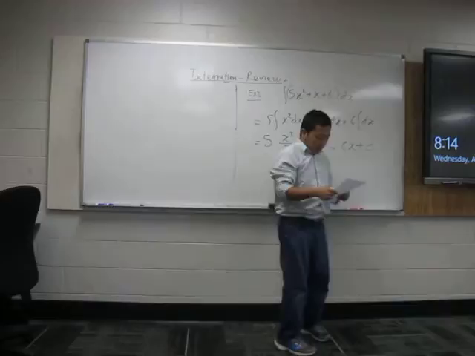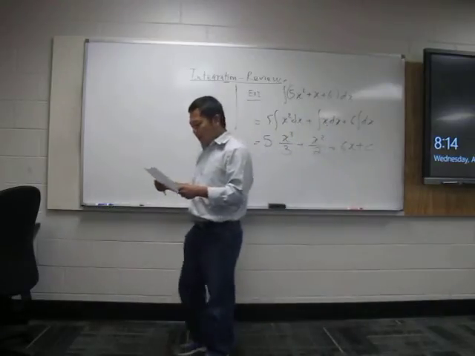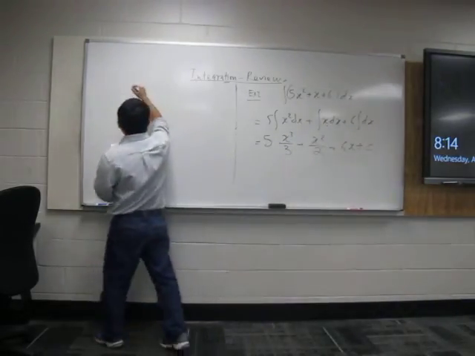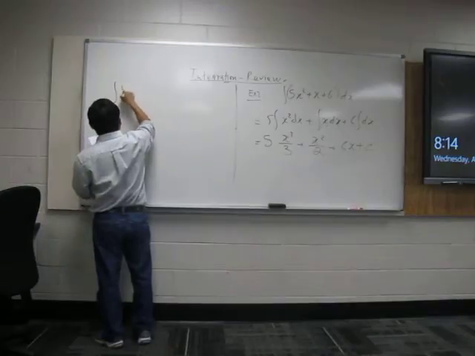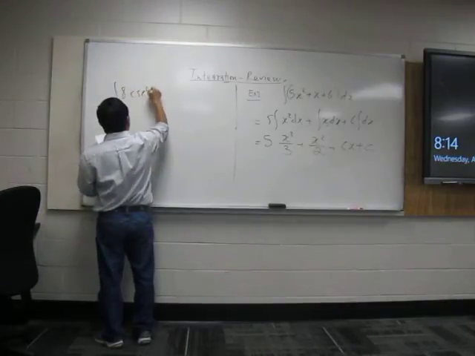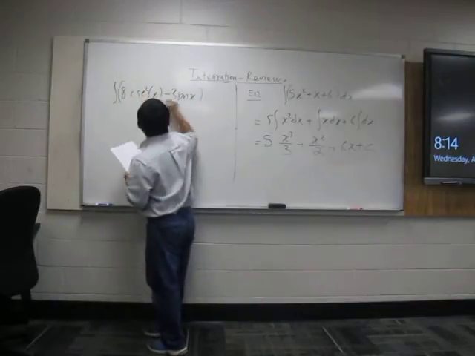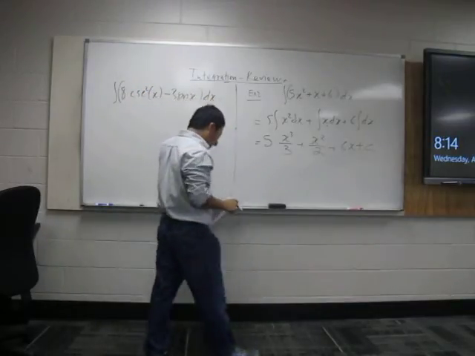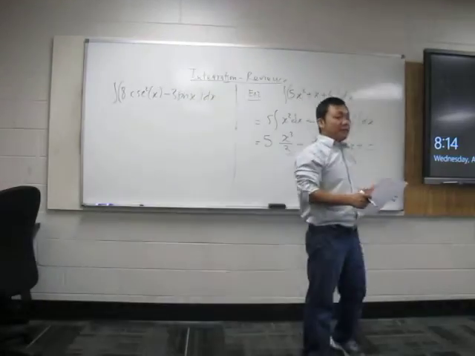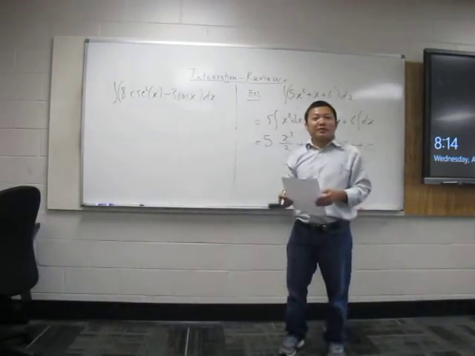All right. The third problem: find the indefinite integral of the following: a cosecant squared x minus 3 sine x dx. So you have one problem on trig functions.